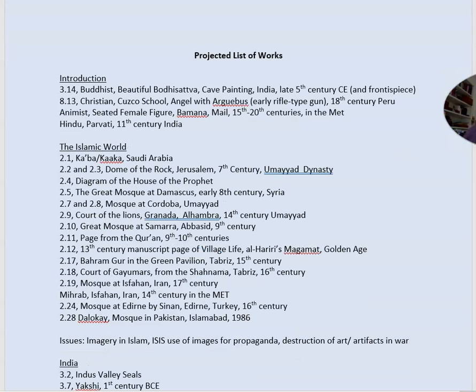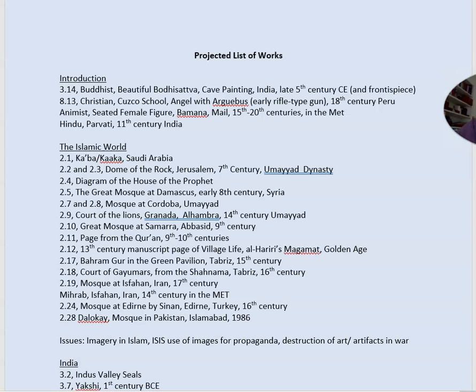The next few pages of our syllabus contain projected works of art for the course. We will probably not cover them all, but it gives you a rough idea of what I would like to cover. Particularly, it's easier to cover more in the classroom than it is online.